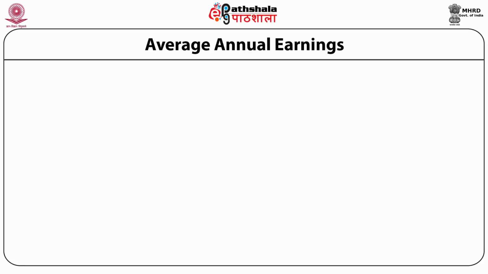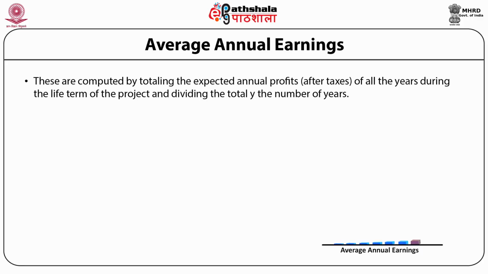Now, what is average annual earning? These are computed by totaling the expected annual profits after taxes of all the years during the lifetime of the project and dividing the total by the number of years.